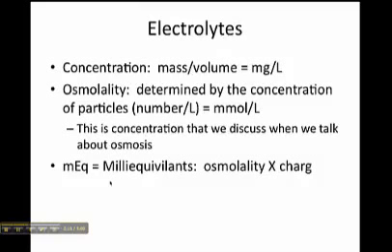However, we more commonly will use osmolality, and that is the number of particles per liter, and we typically talk about that as millimoles per liter. So 10 hydrogen ions would be the same osmolality as 10 sodium ions because it's the same number of them.